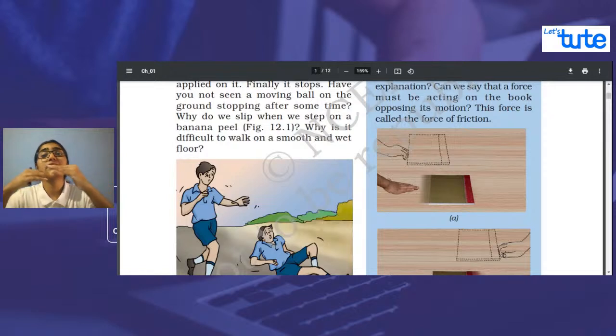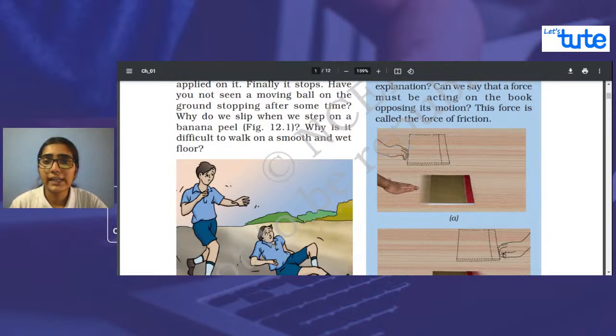When the surfaces are in contact, there is friction. So once again, let me revise. Friction is a force that comes into play when two surfaces come in contact with each other.